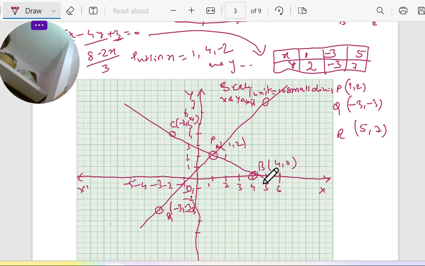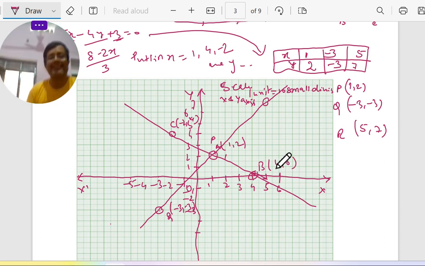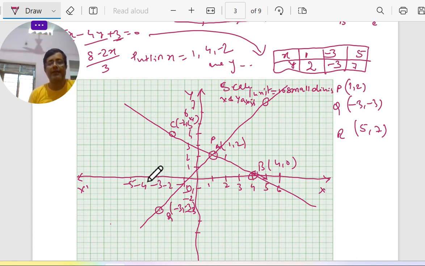I got it. I have to change the direction of the laptop, then I got it. So this is okay. This is the point of intersection of both the lines. So our solution is (1, 2).